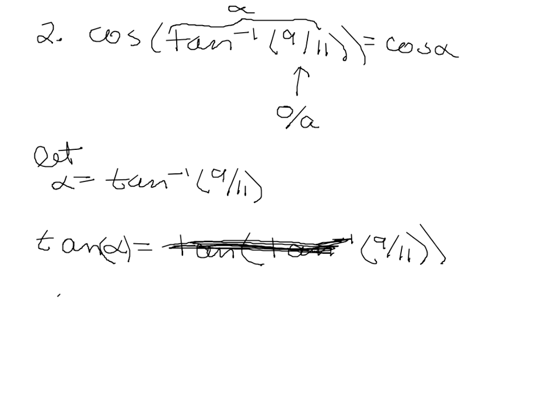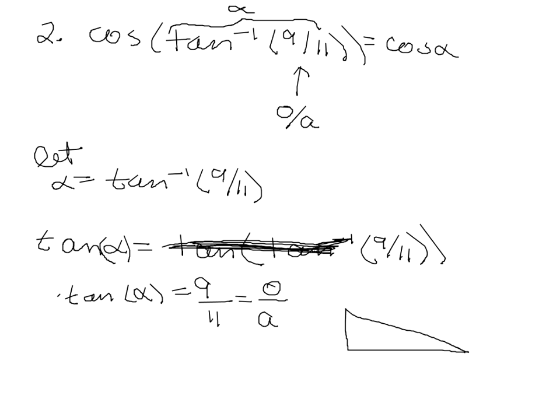It's when the inverse function is on the outside that we have to worry about quadrants. So we have tangent alpha equals 9/11, which is opposite over adjacent. So we have a triangle with an angle alpha, where the opposite side is 9 and the adjacent side is 11.